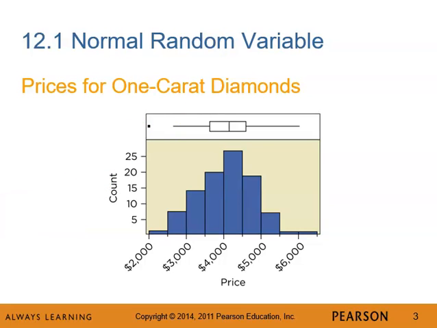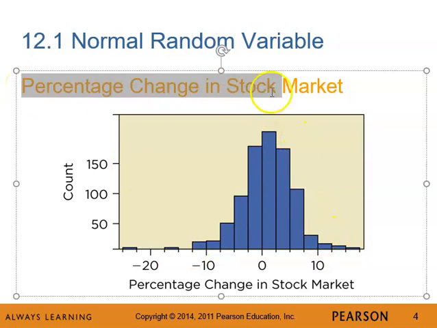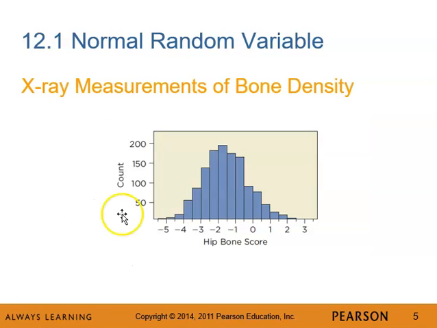This is another example of a histogram, about the percentage change in the stock market. This is the percentage change in the stock market, and this is the counts. We have another example here, and that's X-ray measurements of bone density. You can see that this is a continuous normal random variable. It looks like a bell shape.